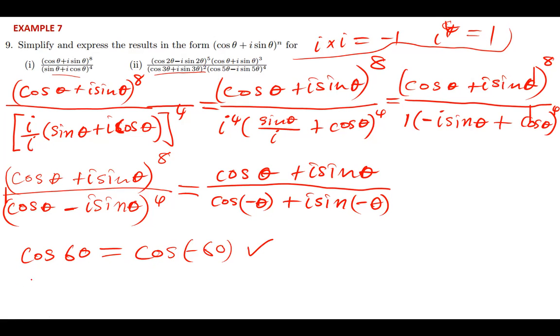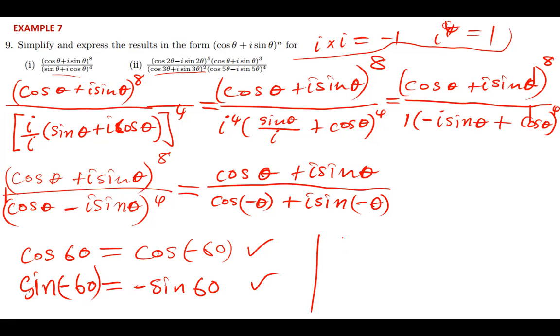For sine, for instance, when we have sine 60 and sine negative 60, the answer will also be negative sine 60. So sine negative 60 is just the same as negative sine 60. Let me start with cos.